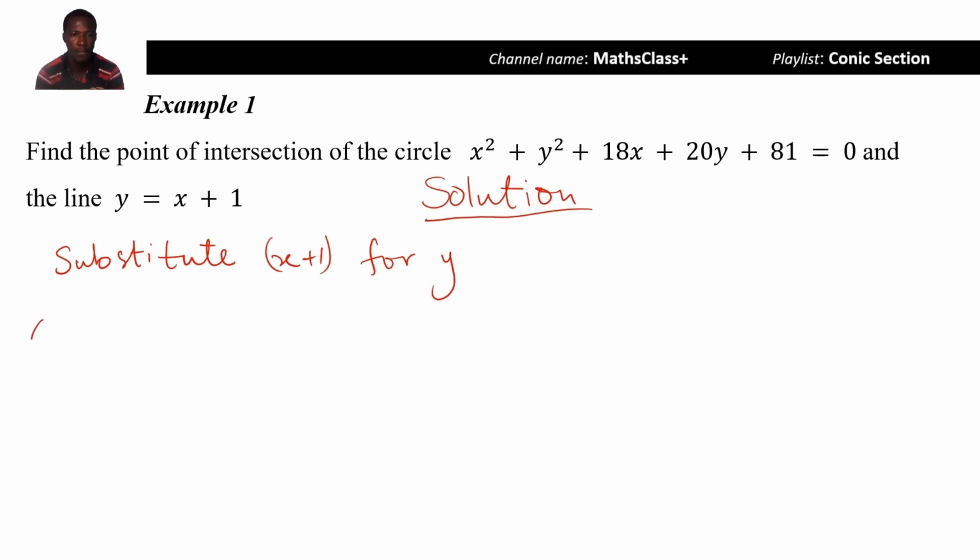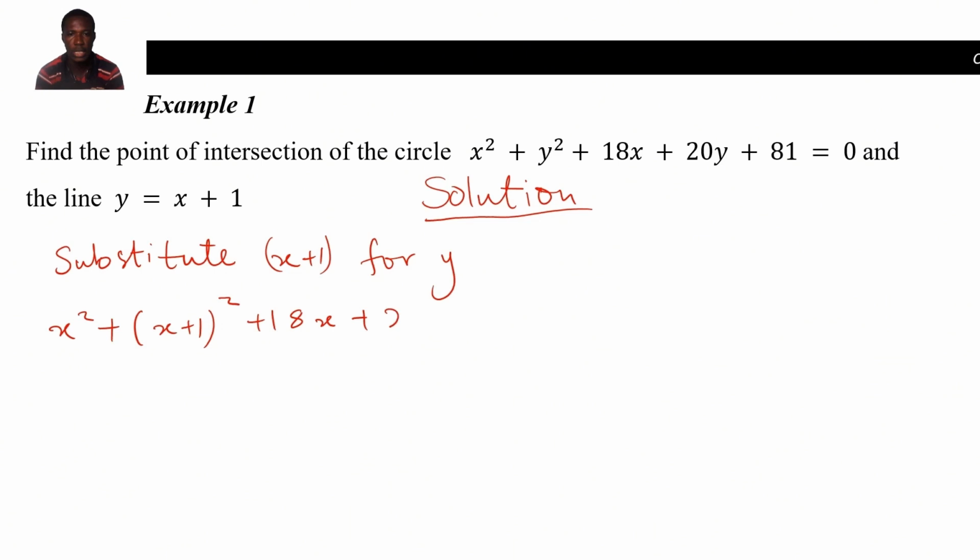And so we're going to have x squared plus (x plus 1) squared plus 18x plus 20 times (x plus 1) plus 81 is equal to 0.